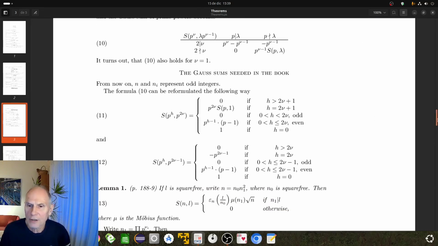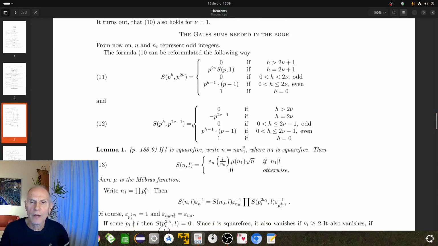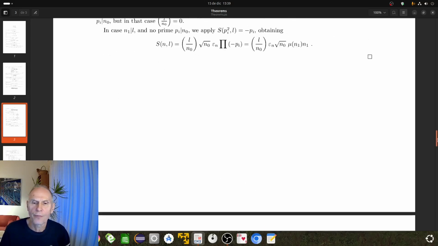Oh, it's better to look down here. We have an odd guy, and when h is even between naught and 2 nu, so at odd values it vanishes.